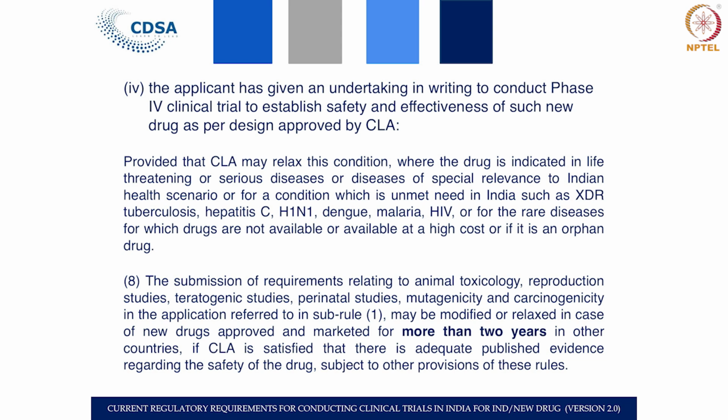Now, such conditions also can be relaxed in case the drug is indicated for a life threatening or serious disease, or diseases of special relevance to the health of the Indian population, or it is an unmet medical need. That means such drugs are not available for the treatment of such disease. For example, tuberculosis, hepatitis C, H1N1, dengue, malaria, HIV, or very rare diseases for which drugs are not available or may be available at a very high cost, or it is an orphan drug.